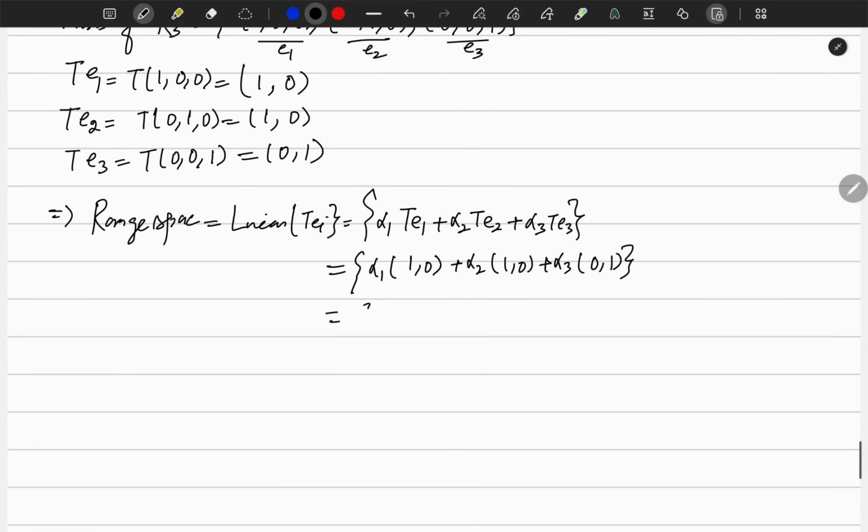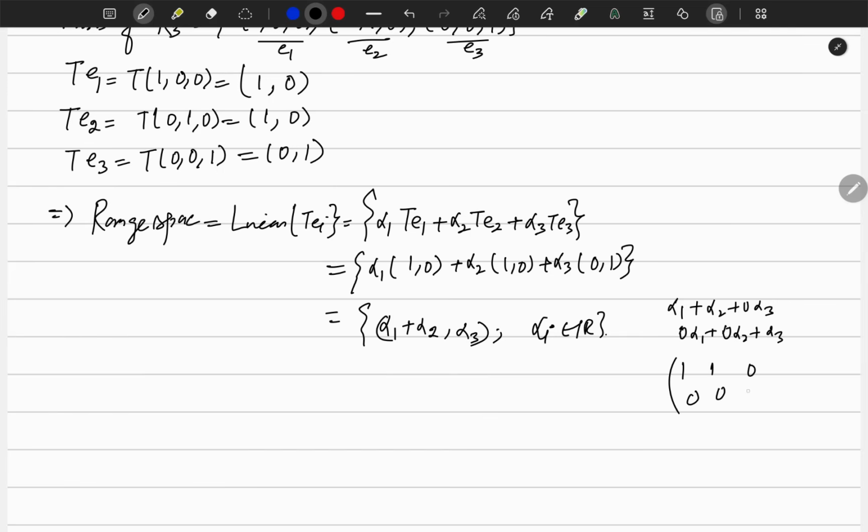So it will give you alpha 1 plus alpha 2 comma alpha 3, because these are from the reals. You can make this matrix: alpha 1 plus alpha 2 plus 0 alpha 3, and 0 alpha 1 plus 0 alpha 2 plus alpha 3. So you will get a matrix with rows 1 1 0 and 0 0 1. So what is the rank of this matrix? That is 2.